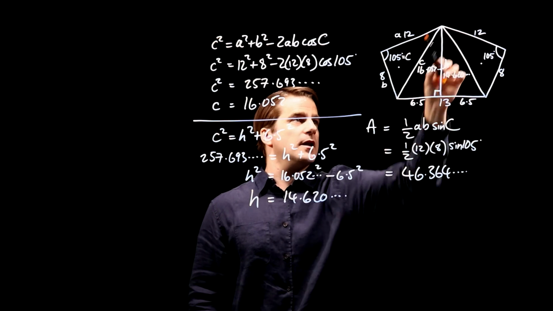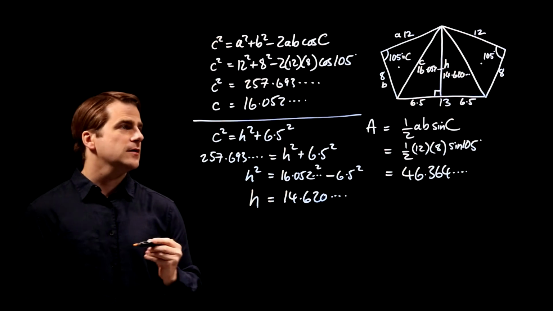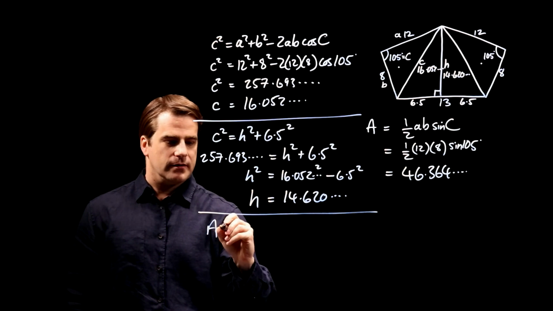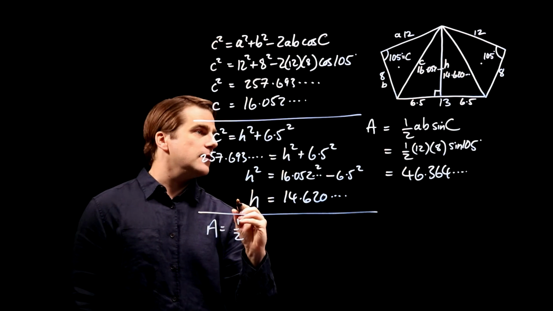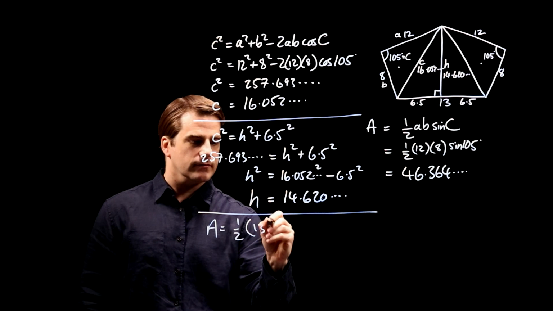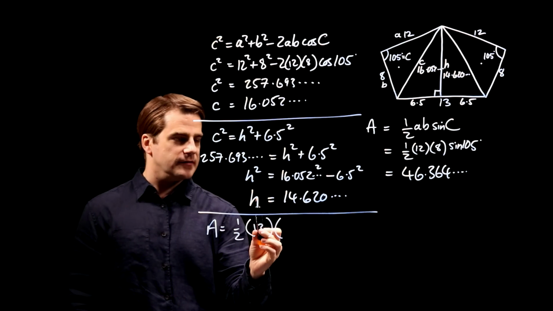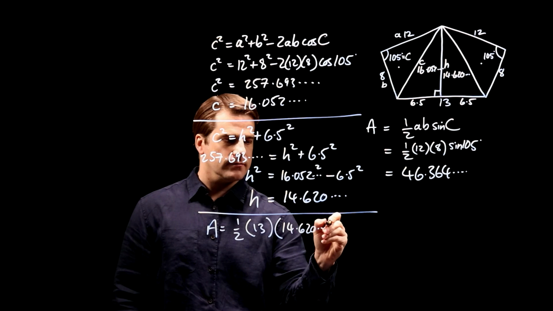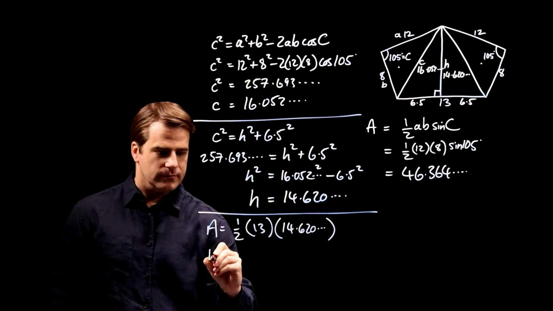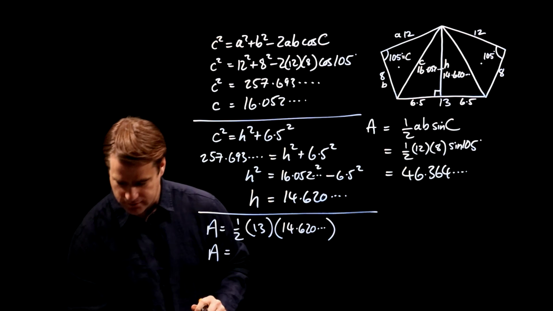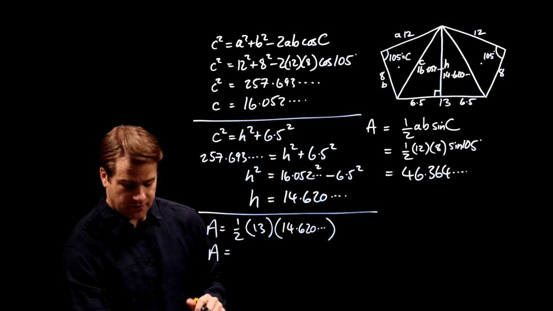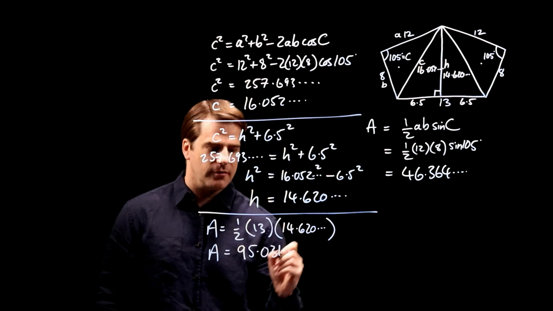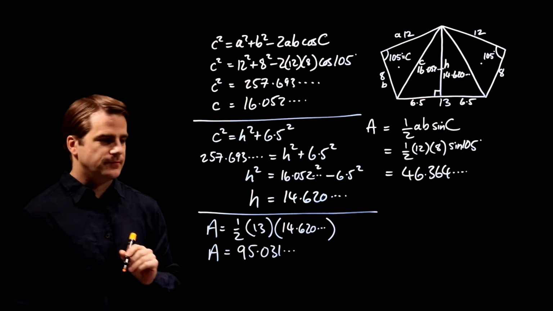So the area is half, the base is 13, and the height is this. The area turns out to be 95.031 something. Put it in your calculator's memory.